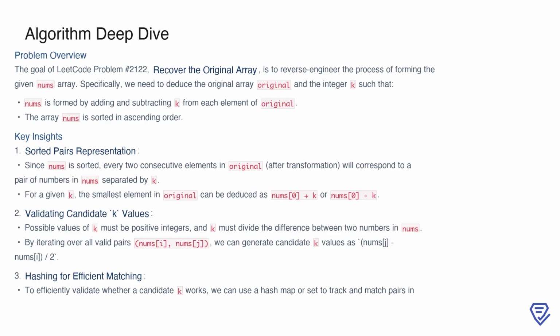Additionally, since k must be a positive integer and divide the difference between two numbers in nums, we can generate candidate k values by iterating over all pairs nums[i], nums[j], and calculating (nums[j] - nums[i])/2. To efficiently validate these candidates, we use a hash map or set to track pairs and ensure that the deduced array matches the given constraints.